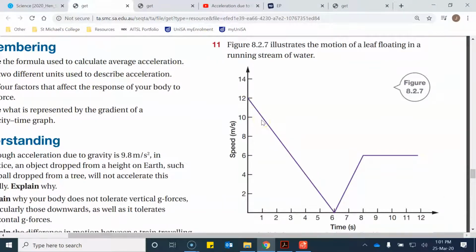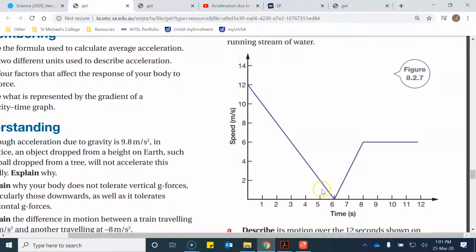It decelerates for 6 seconds until it is at rest. It then accelerates for 2 seconds, where then it moves at a constant speed of 6 meters per second for 6 seconds. That would be the type of analysis that you'd be doing on that graph. Is it? Oh, sorry, 4 seconds from 8 to 12. Thank you.